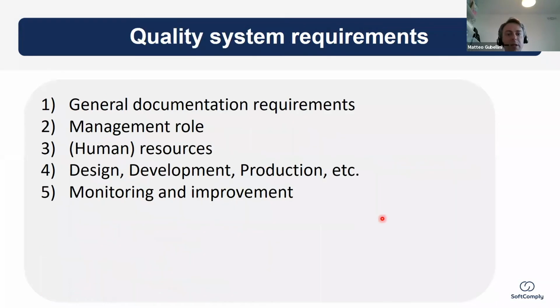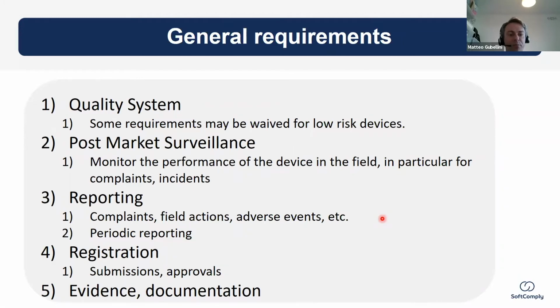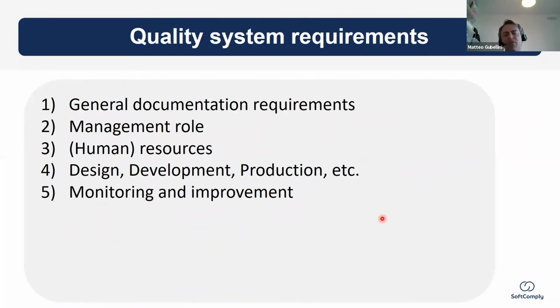Going specifically into point 1, the quality system, just to give a very high level of what the requirements are. It will describe the general documentation requirements and the role of management. It's very important from a quality system standpoint that the management has ultimately a very prominent role in the organization. It's not an excuse that management was not aware that something was happening.